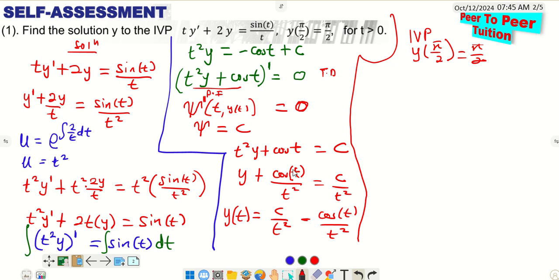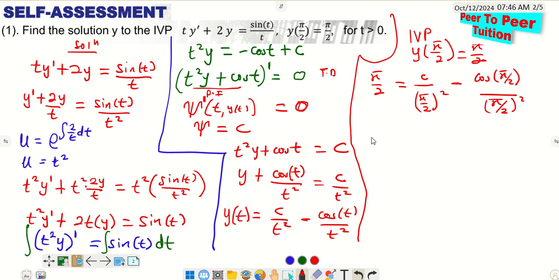It means y equals pi on 2 when t is pi on 2, so pi on 2 equals c over pi on 2 squared, minus cos of pi on 2 over pi on 2 squared.